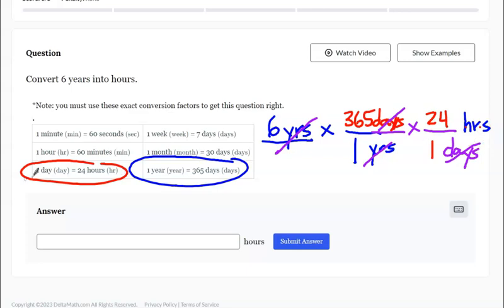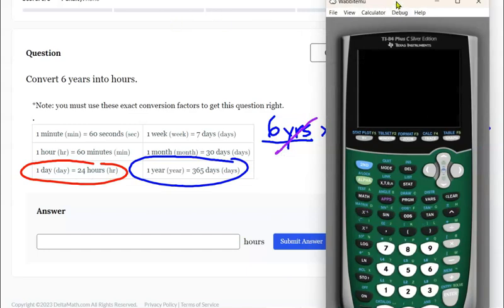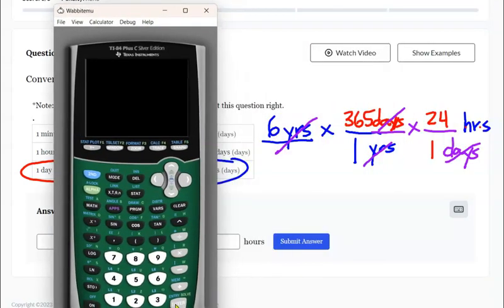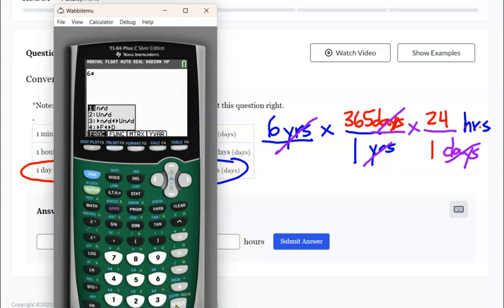So now I'm simply going to pick up my calculator, and I'm going to type this math conversion in. Let's quit out of here, get back to our main math screen. We have 6 times, and we can use the fraction button if we want to. Now all of our denominators are 1, so it doesn't really matter for this problem, but they're not always 1s. So we just like to type what we see. Again, another fraction, 24 over 1.